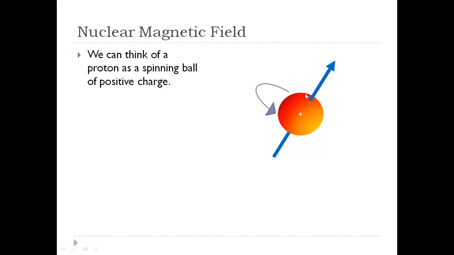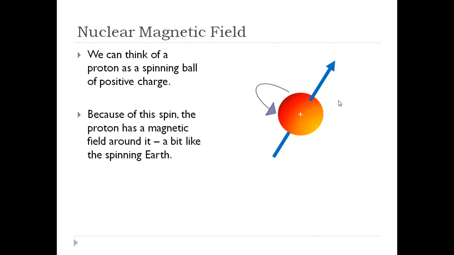So if we have this charged ball that is a proton and it's spinning, then it has a magnetic field as indicated by this blue arrow, and that means that this little ball will act as a small magnet. And so we can visualize it a little bit like the Earth that has a magnetic north and a magnetic south pole, and the plane that it's spinning in is perpendicular to the magnetic field through it.